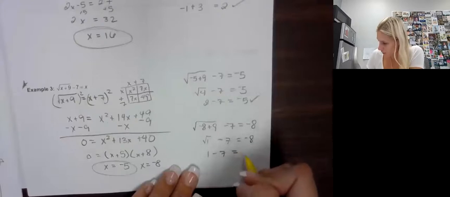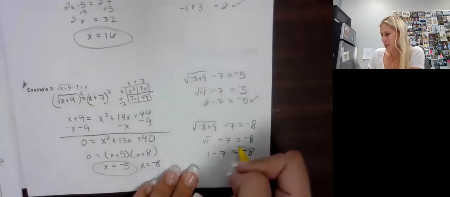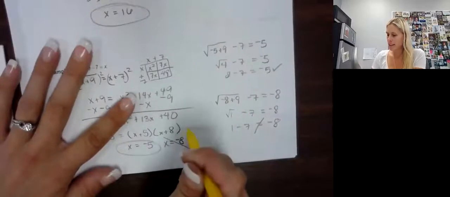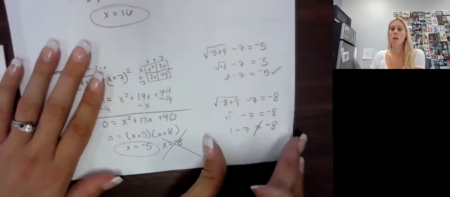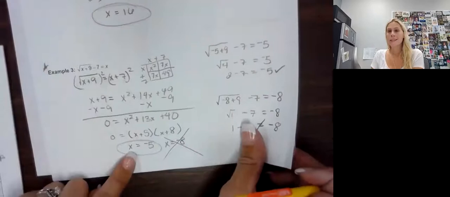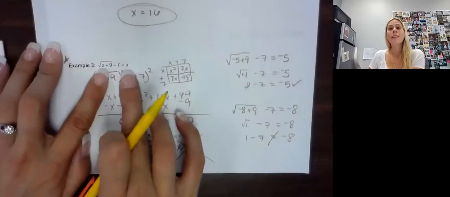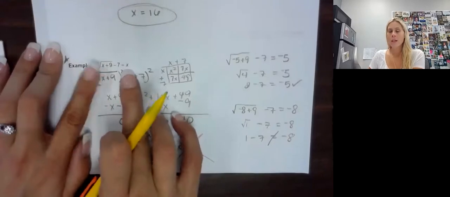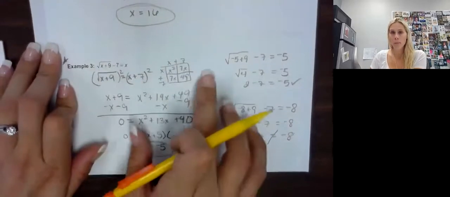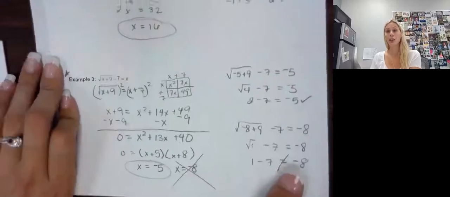Does that equal -8? No, it doesn't. So that means -8 is an extraneous solution and we can cross them out. And the only solution that works is -5. Again, remember, if there's an x on both sides of the equal sign, come back to this example to remember to do that multiplication.